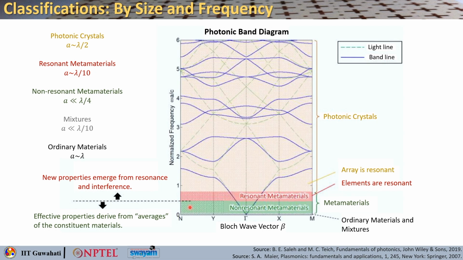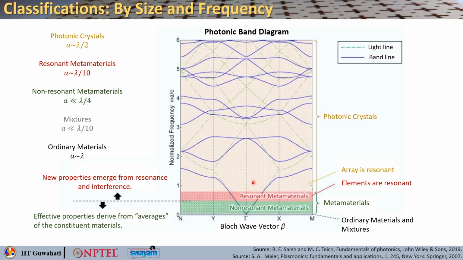So, this is where your non-resonant metamaterials lie, and then you have mixtures where the periodicity is much smaller than lambda by 10. Okay. So, you just mix up the materials, and in ordinary material you have periodicity of the order of the unit cell dimensions, right. So, this is where in this particular diagram the ordinary materials and the mixtures lie.